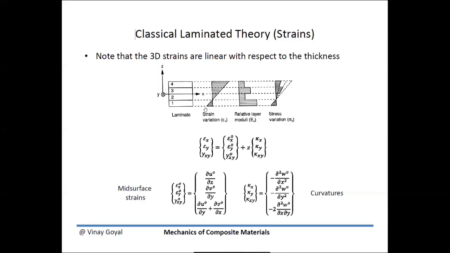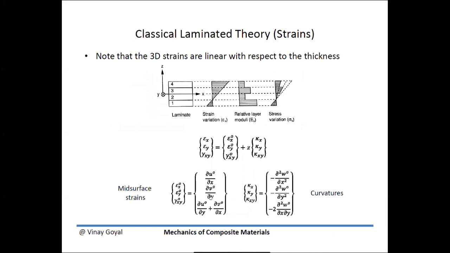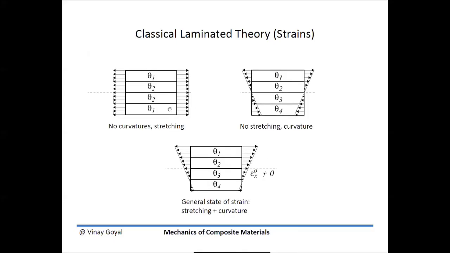It is a linear distribution that we're assuming, and then the stresses could vary depending upon what the modulus of each lamina is. If I have no curvatures, just stretching, then the strain, no matter where I am, is the same as the one on the mid surface. So you're going to have stretching of that plate.